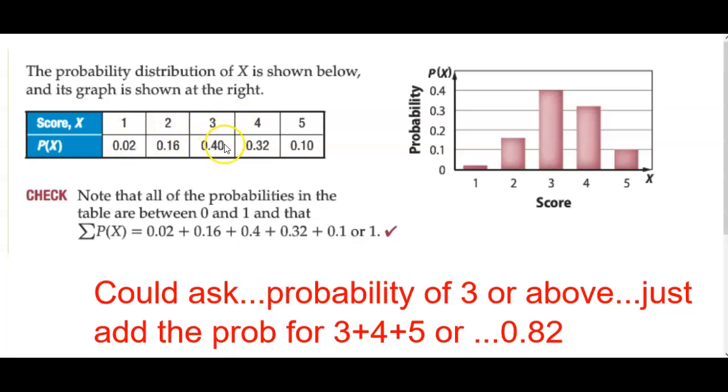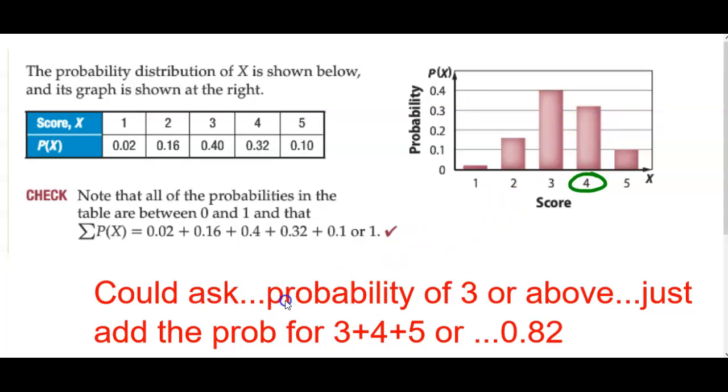In other words, 40% of the students gave a 3, okay? And then we put them in this table, and this is called the probability distribution: the probability of getting a score of 1, 2, 3, 4, 5. So the probability of getting a 4 was just over 30%, okay?